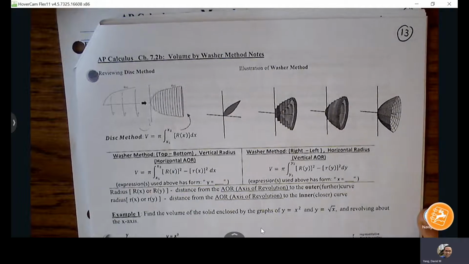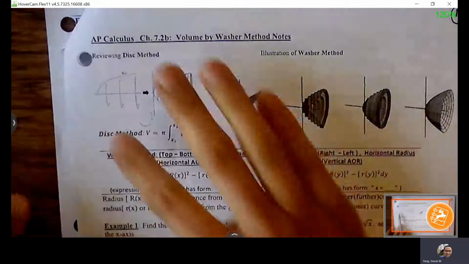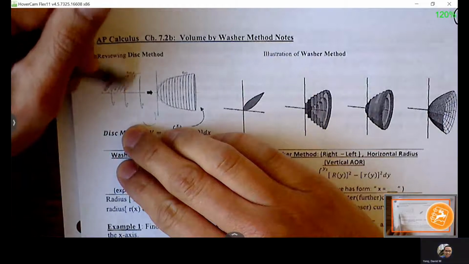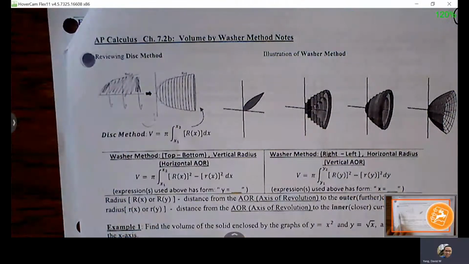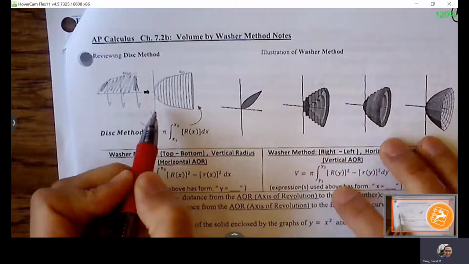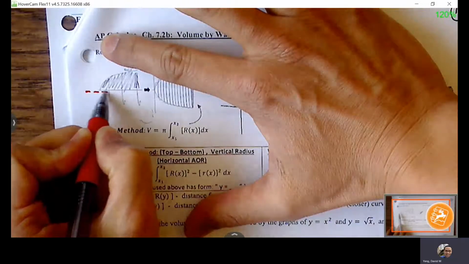Okay, so we started with the shaded region, y equals square root of x. And then for this problem that we discovered 2 days ago, our axis of revolution was the x-axis.